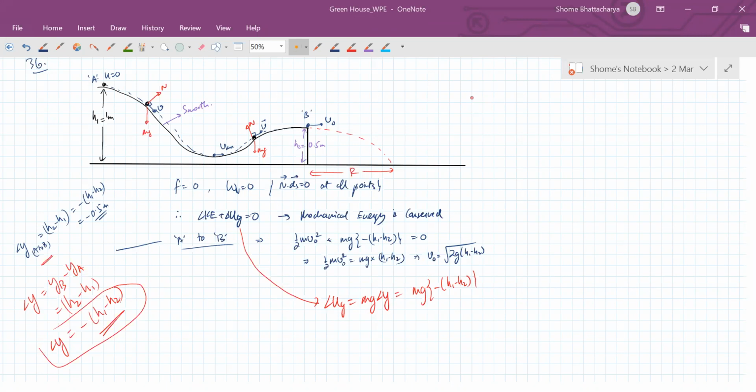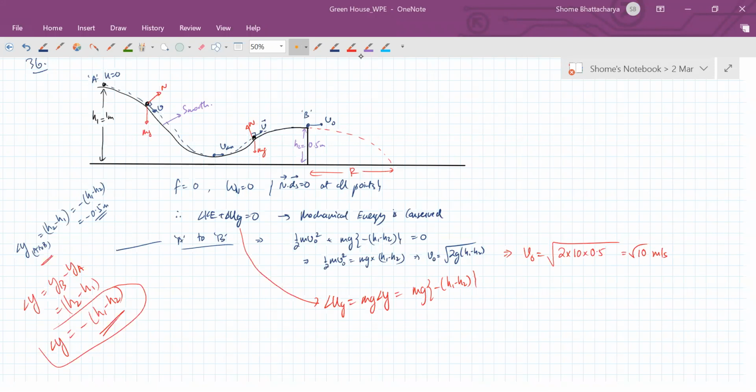This minus sign is there now for that. Okay, anyway, so we are getting v naught as square root of 2 into 10 into 0.5. So root 10 meters per second.